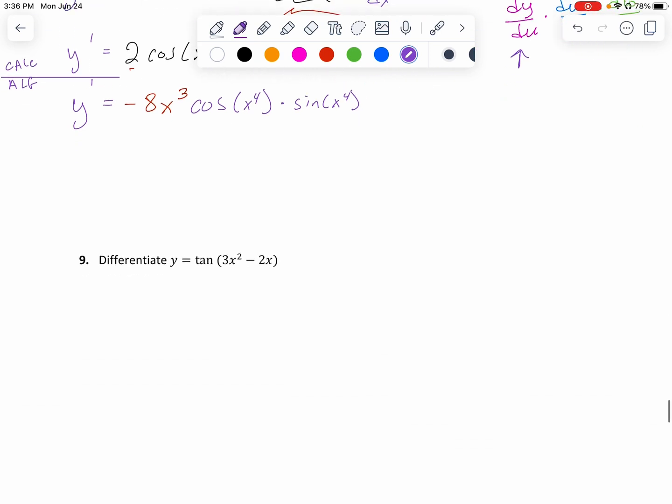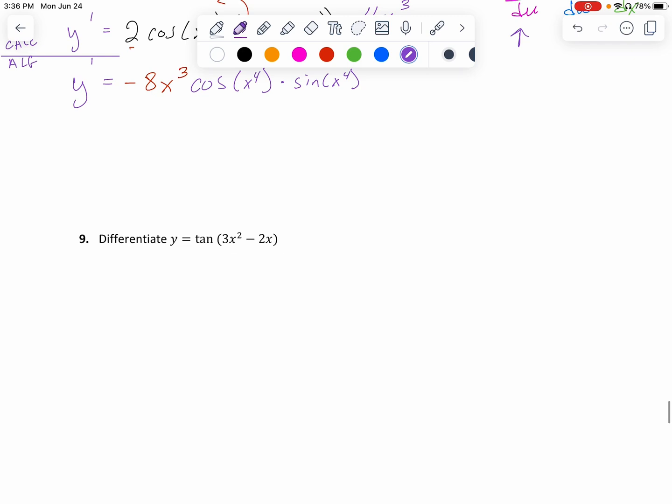Okay, let's look at this one now. So my inside function, what can I cover up? That's this guy. So that's my u. So my u equals 3x squared minus 2x. And that means my y is tan of u.